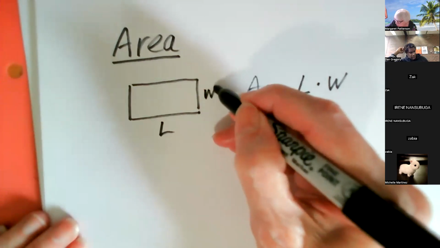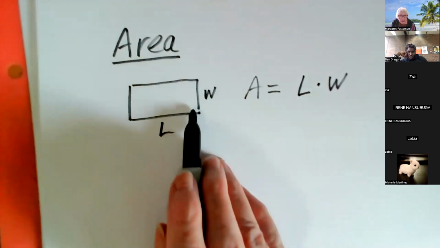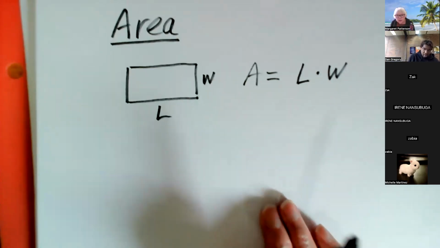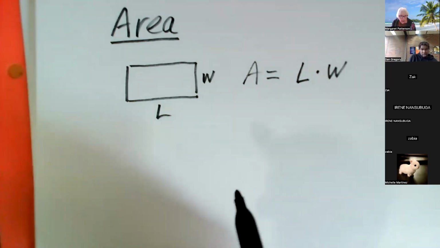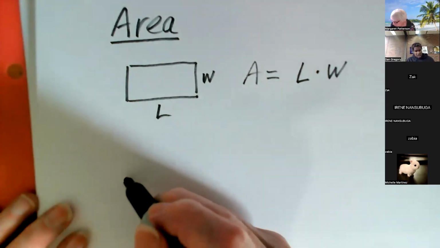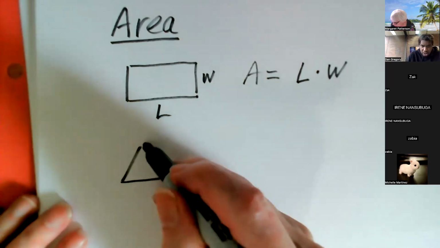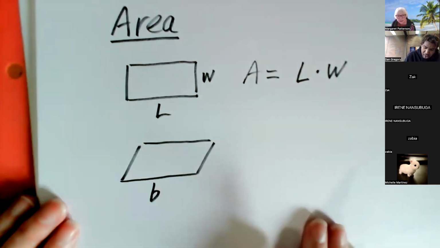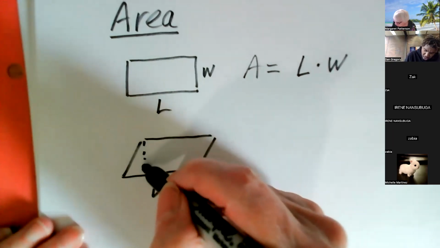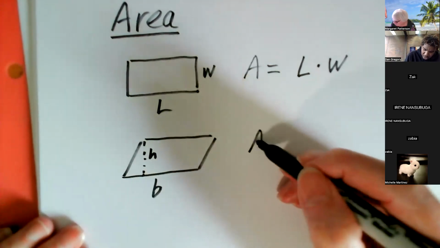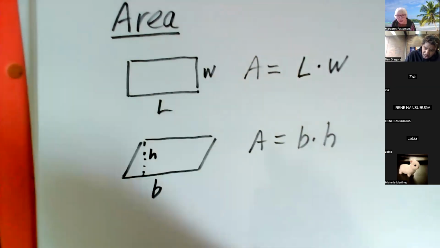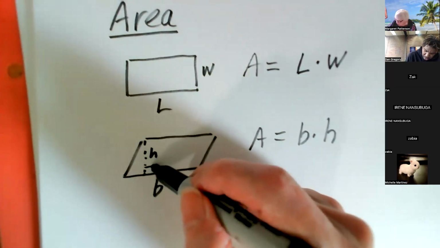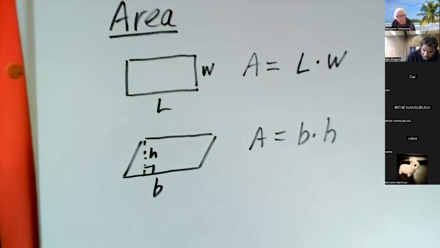Yeah, it's this measurement by that measurement. Okay. And so if you need that formula, fine. If you don't need it, fine. They don't do too much with this, but this was the parallelogram. They called it the base and the height. But it's really the same thing. The bottom by the vertical distance, which is perpendicular.